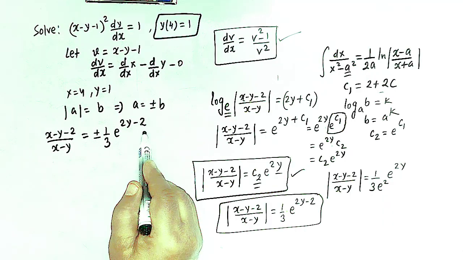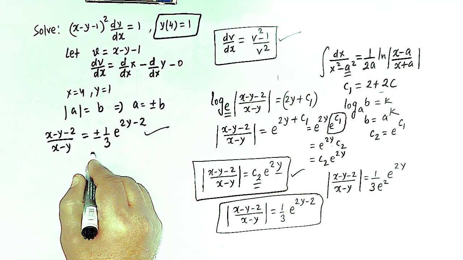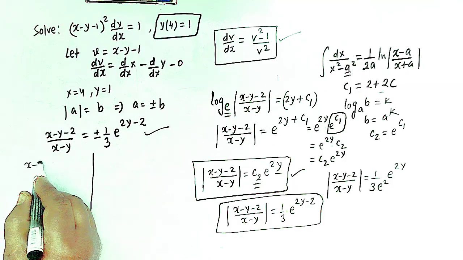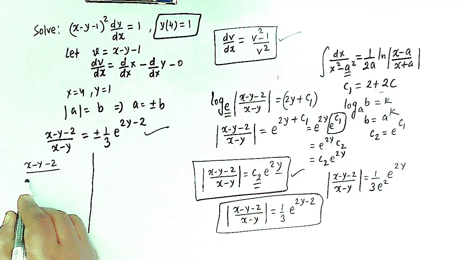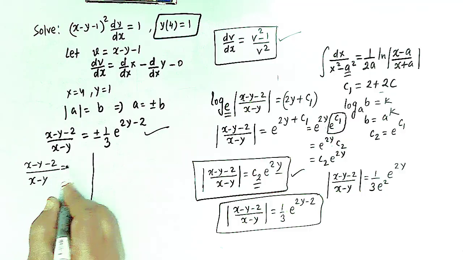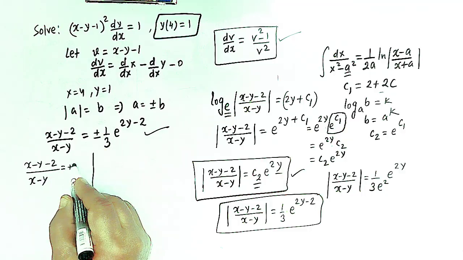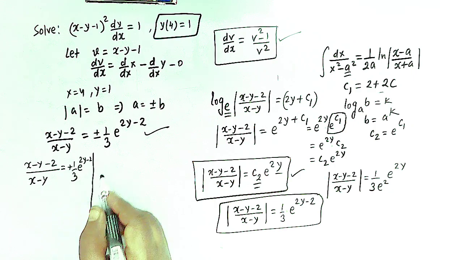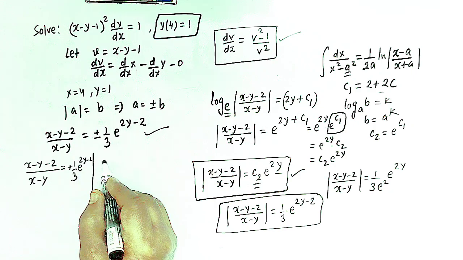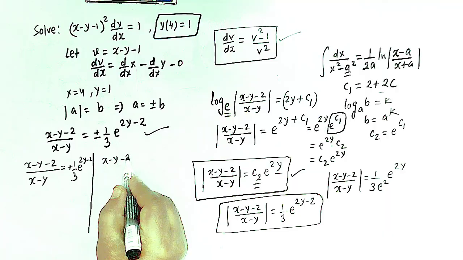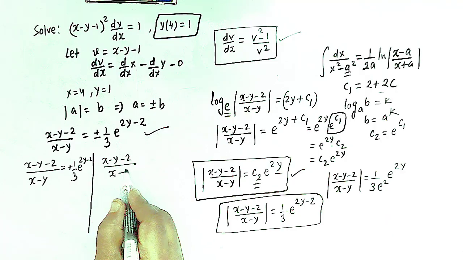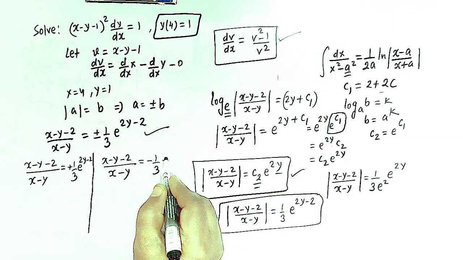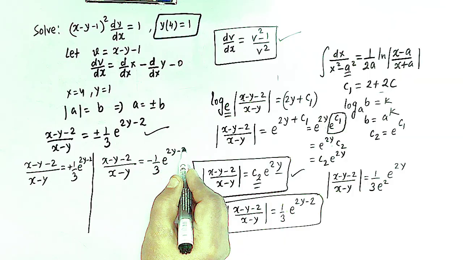So now from this expression, we have two statements. The first one is x minus y minus 2 over x minus y is equal to positive 1 over 3 e raised to 2y minus 2, and the second one is x minus y minus 2 over x minus y is equal to negative of 1 over 3 e raised to 2y minus 2.